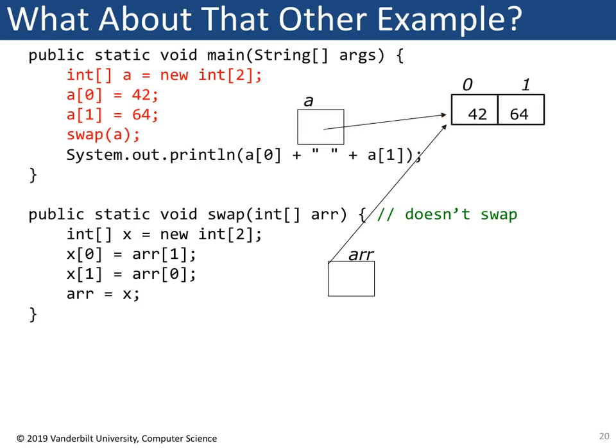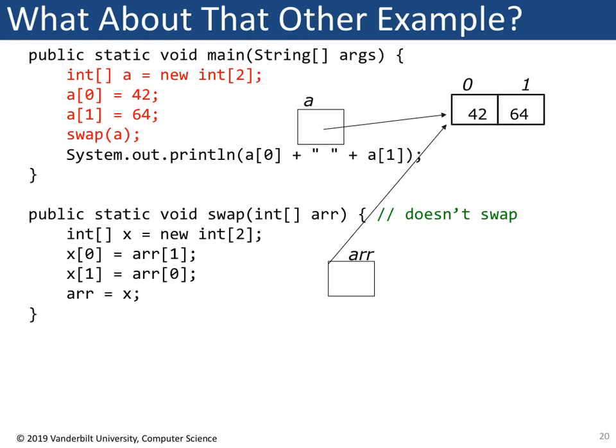We initialized it with the values 42 and 64. And then we have called the method swap and passed A as the parameter. When we pass a parameter, we copy the value stored in the variable into the parameter. So the address stored in A is copied into ARR. And that's how far we've executed at this point.